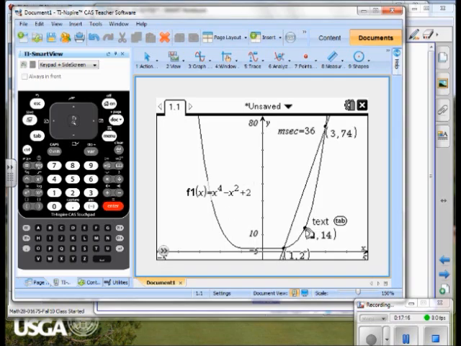Do you believe that the output changed 36 units from the point 1, 2 to the point 2, 14? No. It changed how much? 12 units. If I go, though, from the point 2, 14 to 3, 74, the outputs have changed how much? Okay, so if I take 60, let's do an average here.